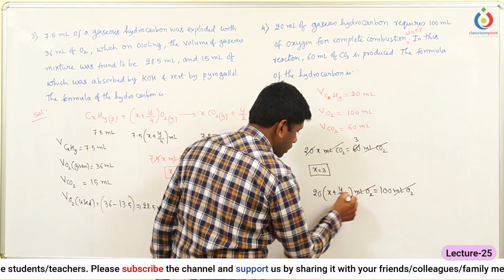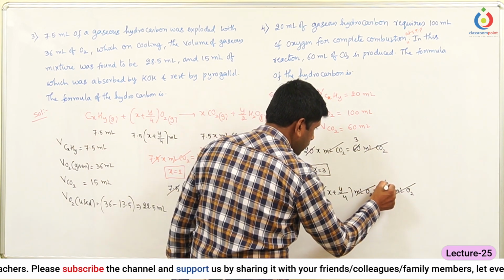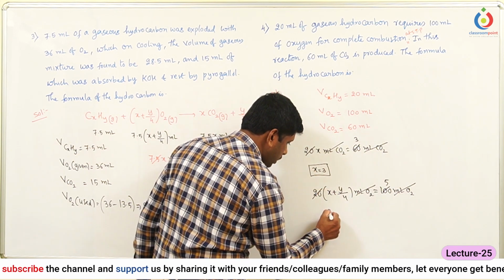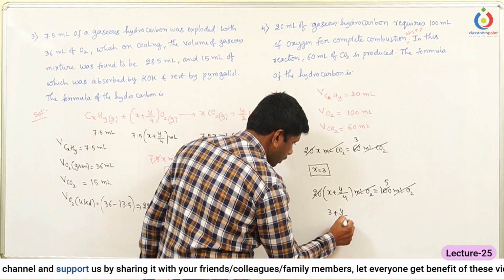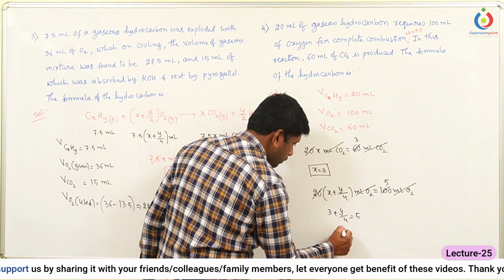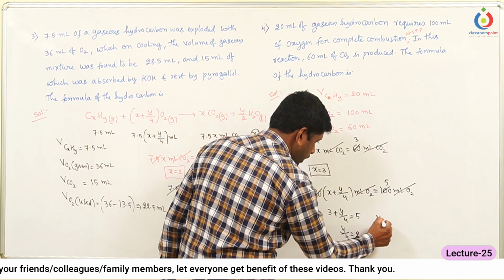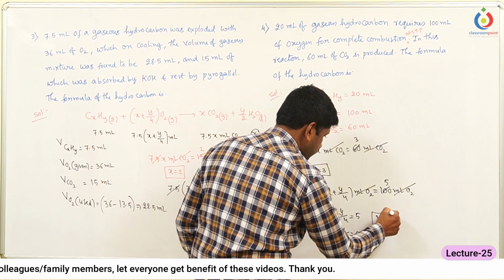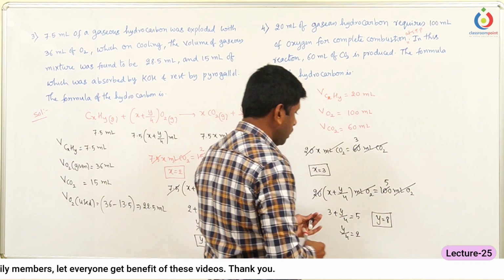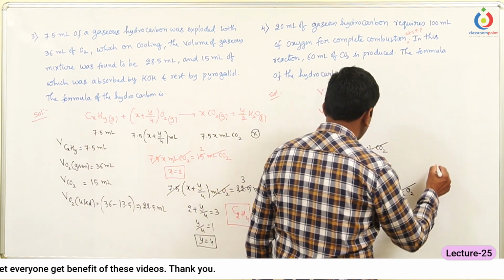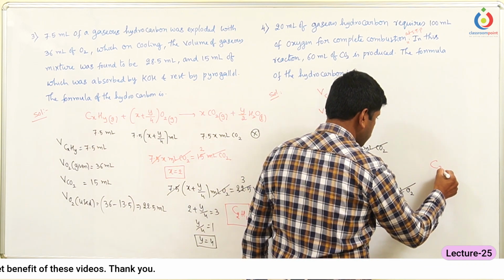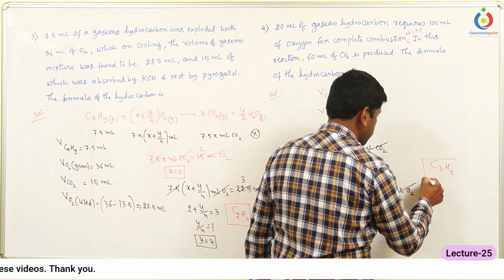The ml of O2 cancel out, 20 goes 5 times here, x value equals 3, so 3 + y/4 equals 5, y/4 equals 2, and y equals 8. So the molecular formula of the hydrocarbon is C3H8.